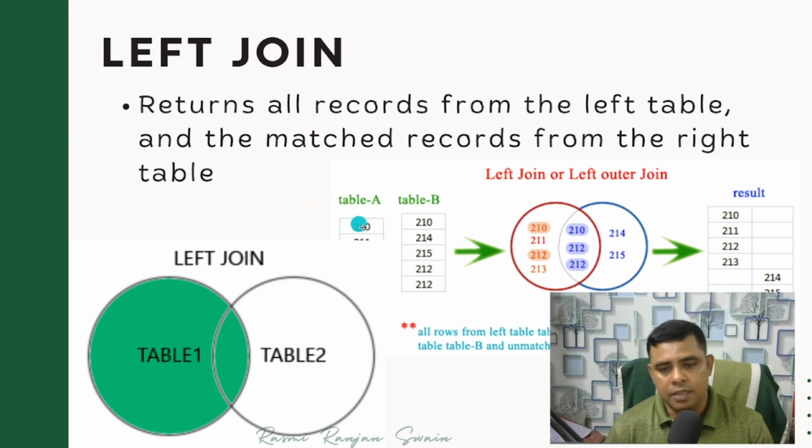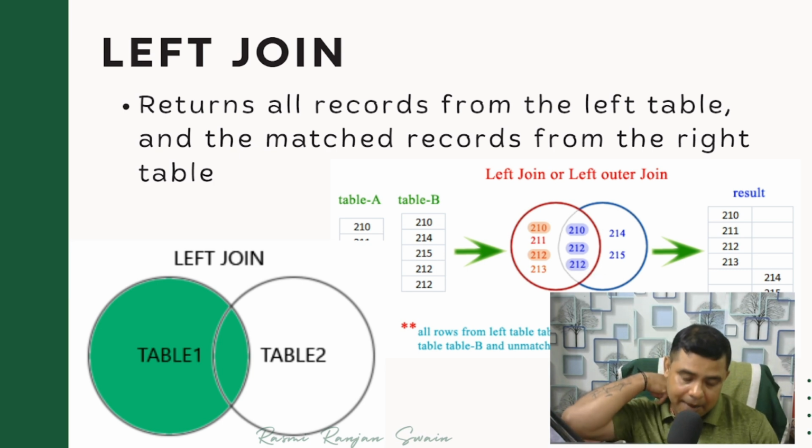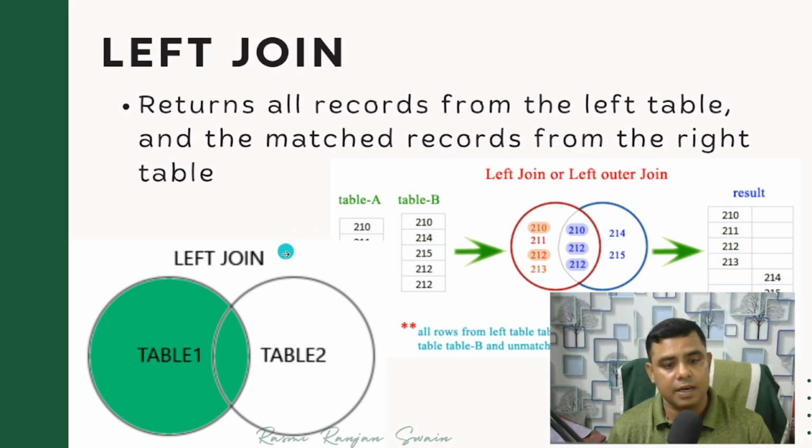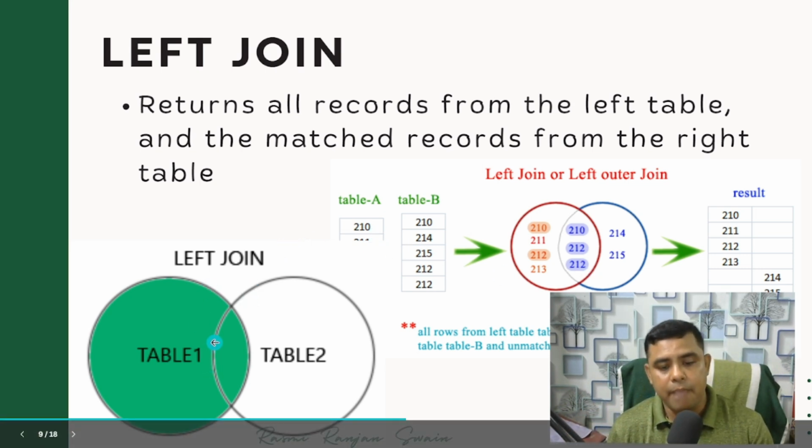So here the same example we have seen, in table 1 there are 210, 211, 212 and 213, and in table 2 there are 210 and 212. So if I put here the left join, it will extract all the data from table 1 and the matching records that are present in table 2.